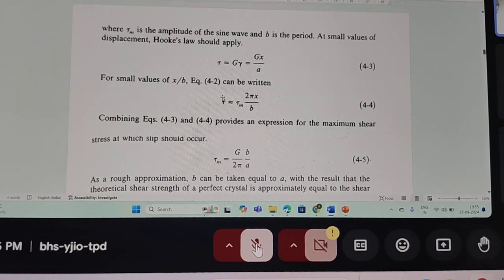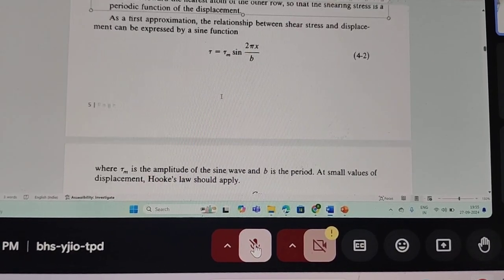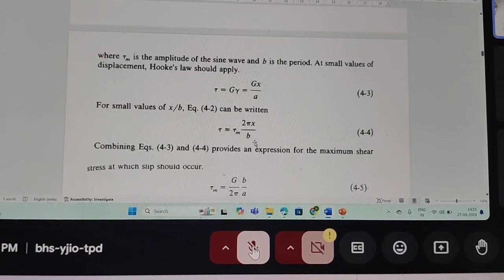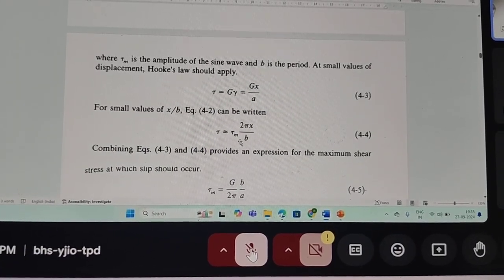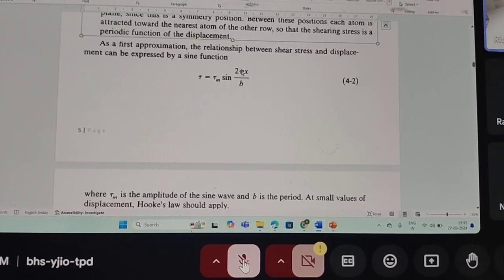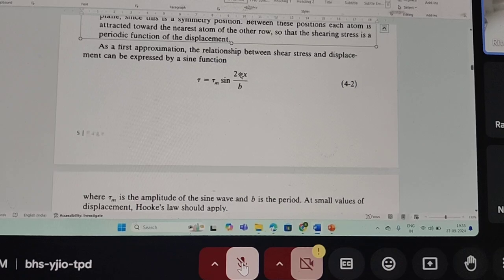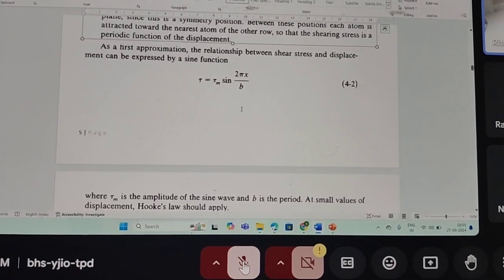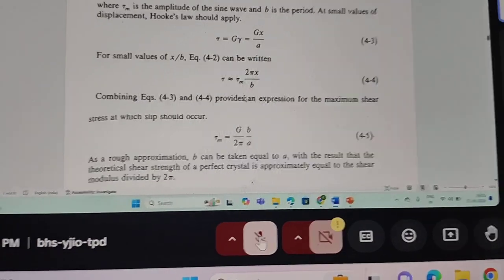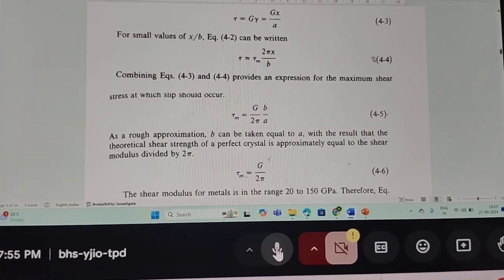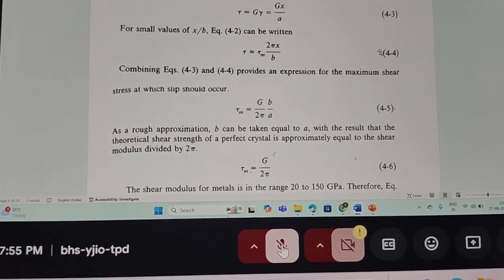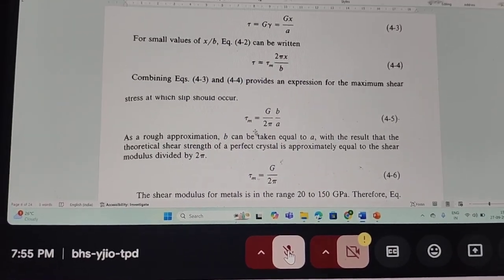So for this equation, tau equal to tau m sine 2 pi x by b, for very small values of x by b, this becomes tau equal to tau m twice pi x by b. Clear? Okay, sir. So combining these 2 equations, tau m equal to G by 2 pi into B by A.